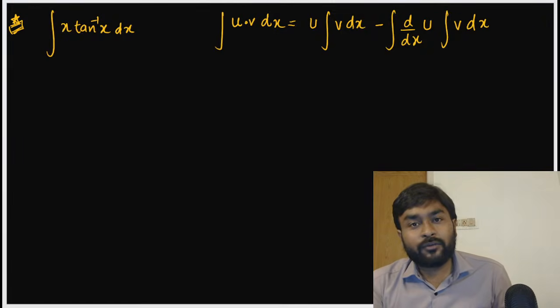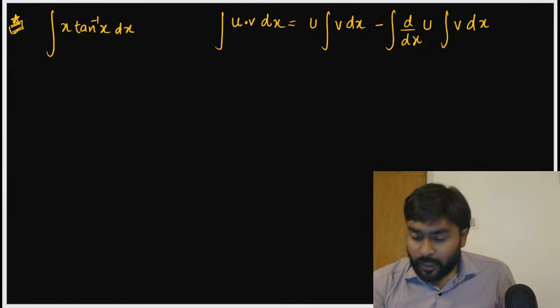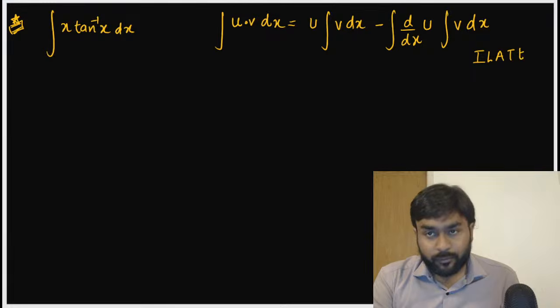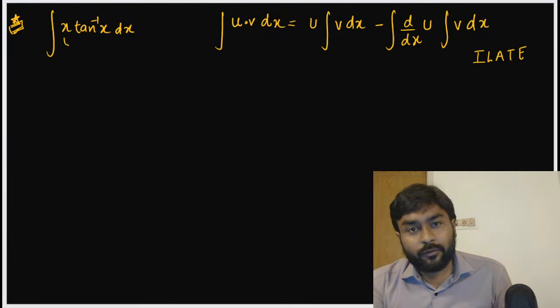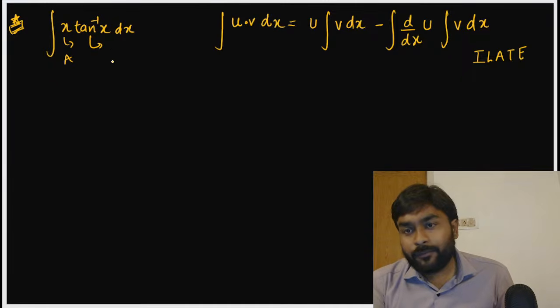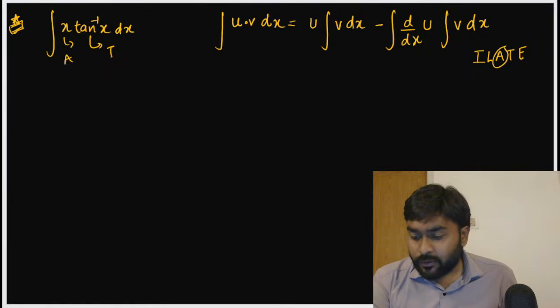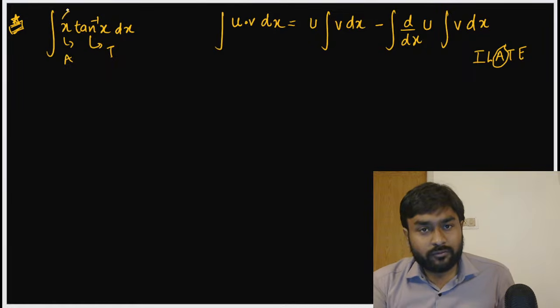In that case, which one will be u, which one will be v? For selecting u, we have one method, that is the ILATE method. So this will decide u. So x is what? Algebraic function. And tan inverse is what? Inverse trigonometric function.